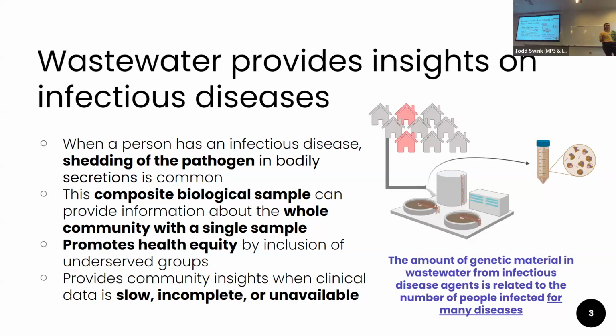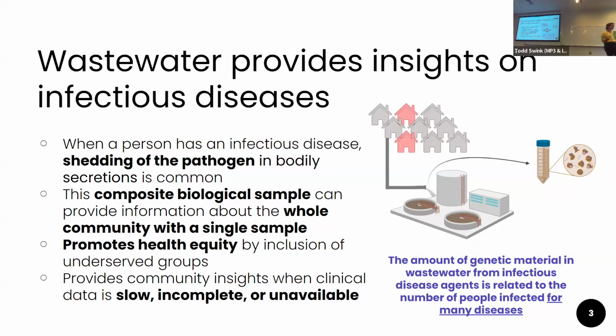And so wastewater, then, is capturing everything that goes down your toilet, your shower, your sink, your washing machine, everything going down the drain and into the sewer. And that provides a composite biological sample that can provide information about the whole community in this really accessible single sample from a source.